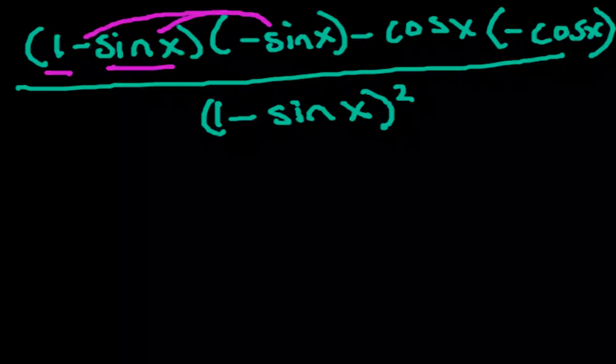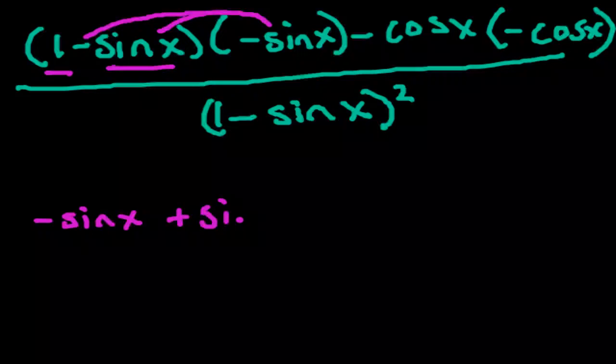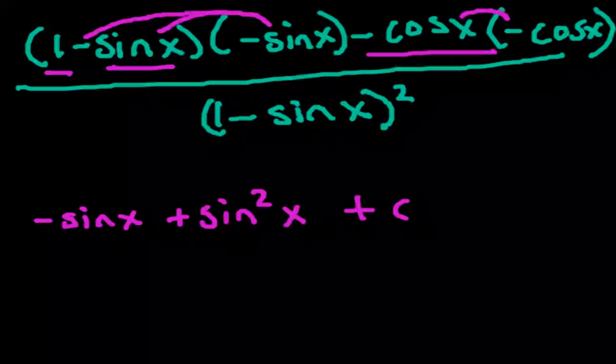Negative sine x times 1 is just negative sine of x. Negative sine of x times negative sine of x is plus sine squared of x. And in the second one, we're just multiplying negative cosine of x times negative cosine of x, which gives me plus cosine squared of x.